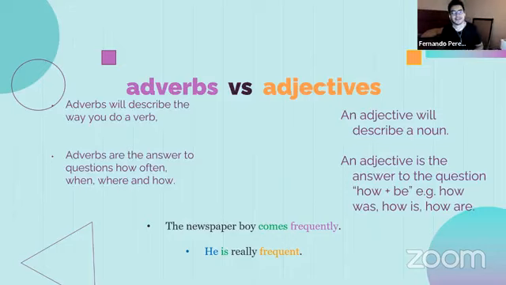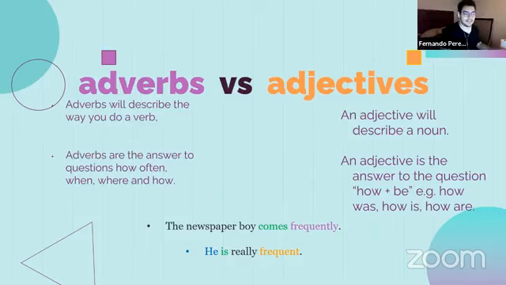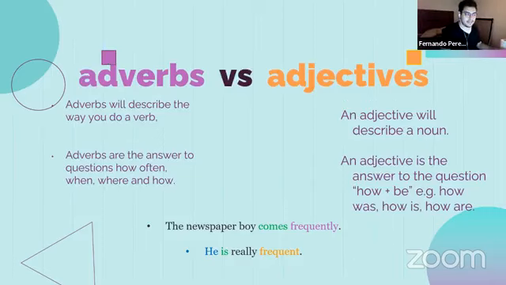If I ask you, how are you? You respond? Very well. Very well. And very well is an adjective. You see? But if I ask you, how often do you go to the supermarket? What do you respond?